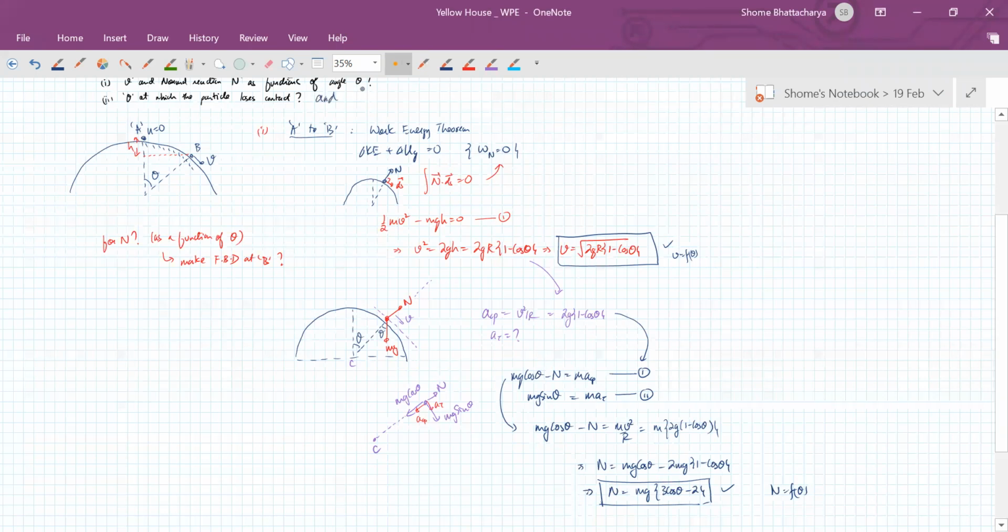We'll also find out the speed at the instant when contact is lost.